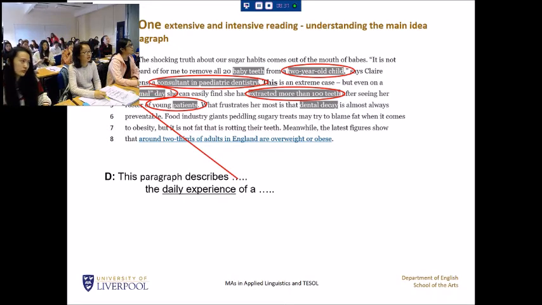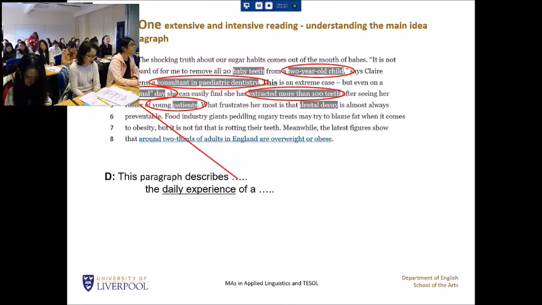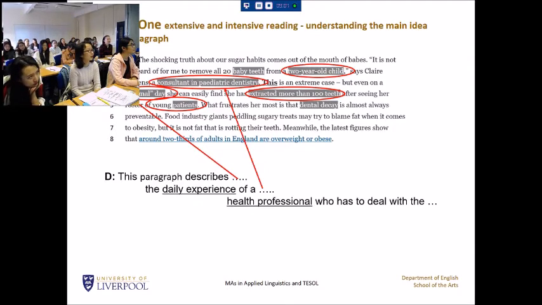Dentistry is what kind of profession? Education? Health. Describes the daily experience of a health what? Health experts. You could say experts. That's a kind of evaluative term. A more neutral term is health professional. So this paragraph describes the daily experience of a health professional who has to deal with the what?